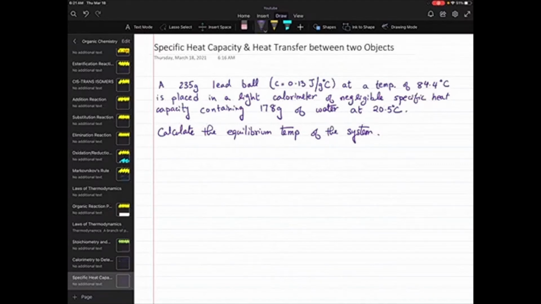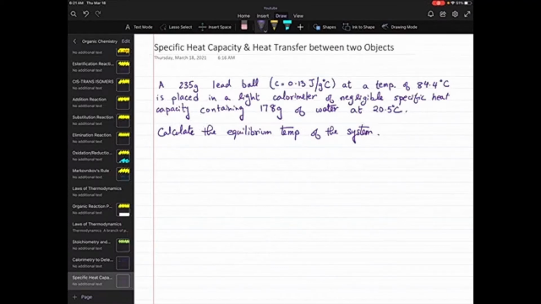This is very important to understand what the question is asking. The initial temperatures are different for the lead ball and the water, but the final temperature, T_f, will be the same for the ball and the water.